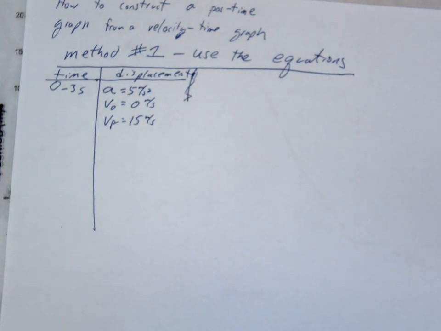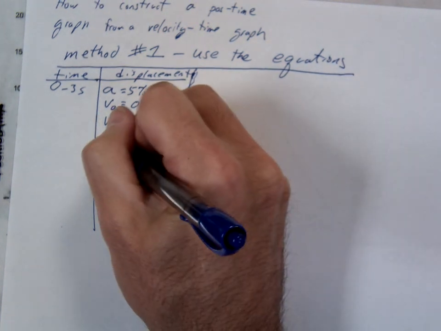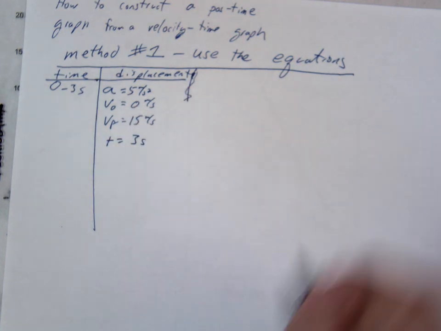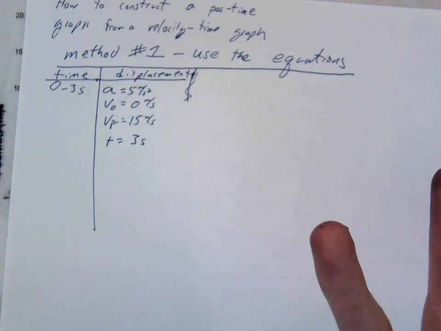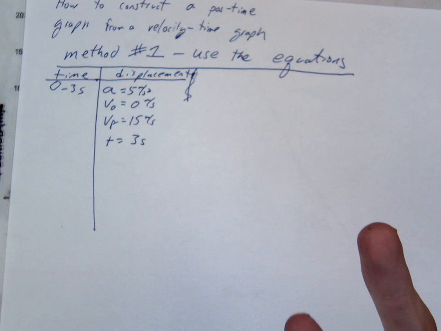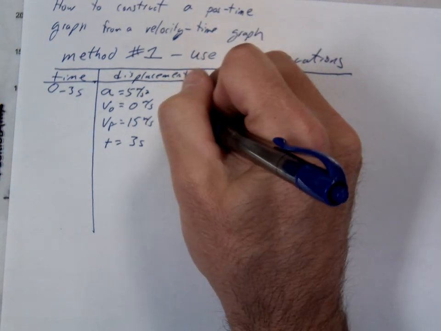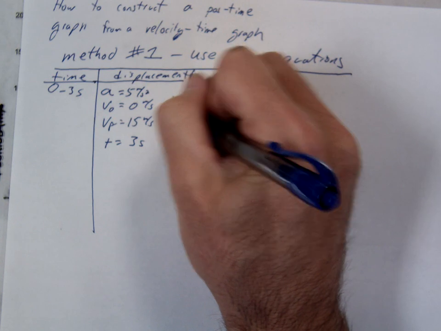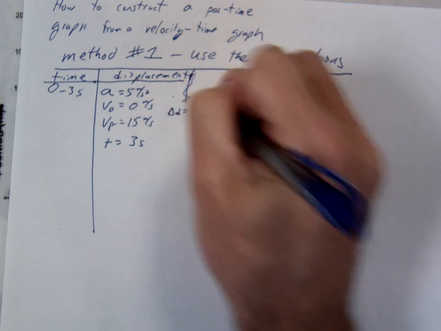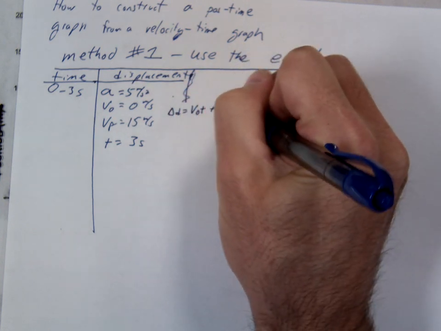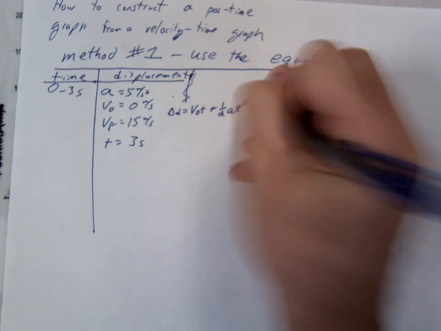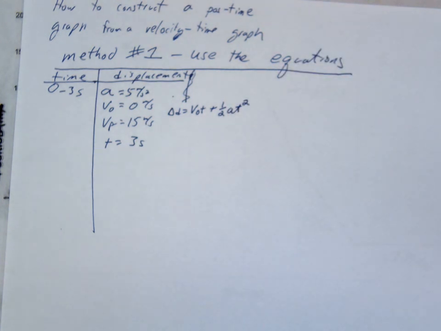And there's one more thing we know. What else do we know? The time. What's our time? 3 seconds. 0 to 3, right? So we have 4 givens, so we should be good to go. If you know 4 things, we can use several equations. The one I'm going to choose is this one, delta d equals v_i t plus 1/2 a t squared.